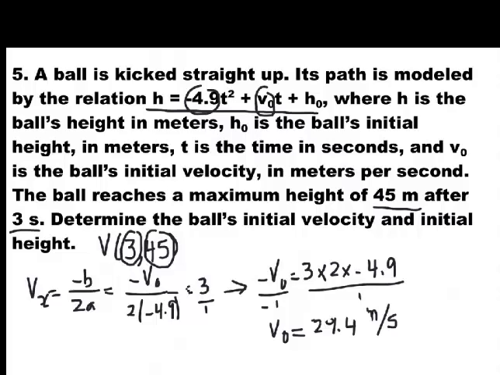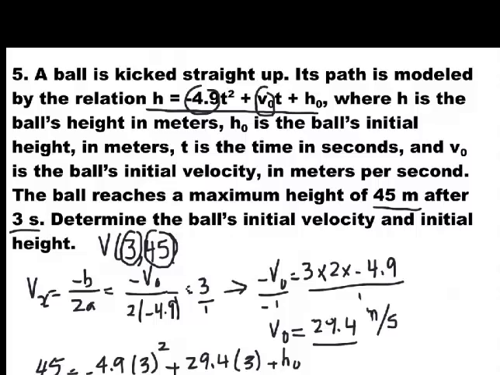We know that after t equal to 3, h is 45. So if I substitute h equals 45, t equals 3, and v0 equals 29.4, I can solve for h0. So I'm going to have 45, which is h, equal to negative 4.9 times 3 squared plus v0, 29.4, times t, which is 3, plus h0.